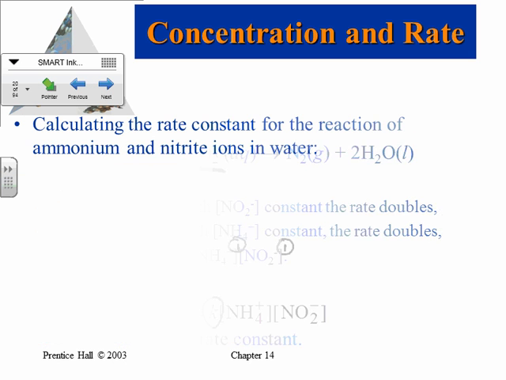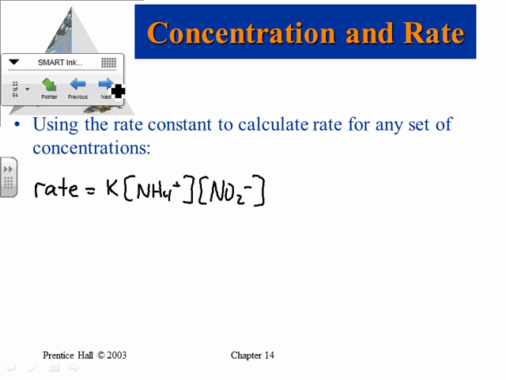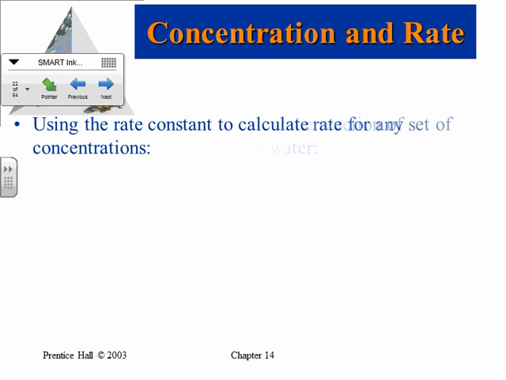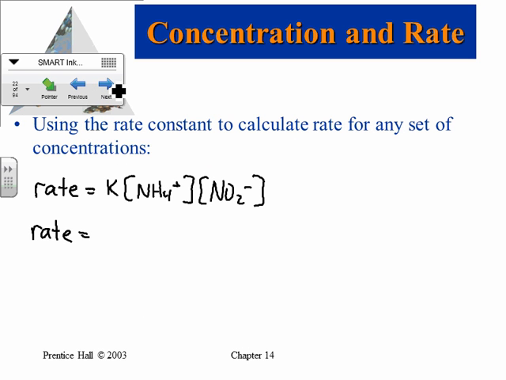Our rate law is K times the NH4+ concentration times the NO2- concentration. And we just figured out that our K is 2.7 times 10 to the -4th, molarity to the -1, seconds to the -1.